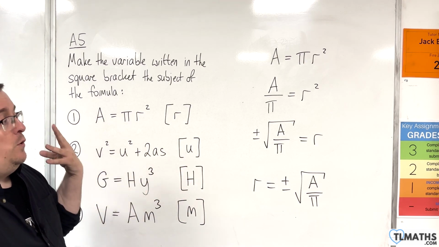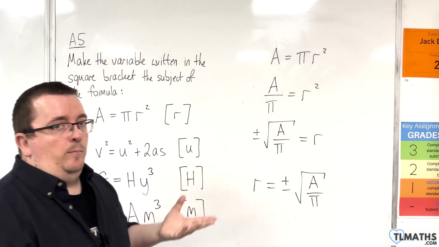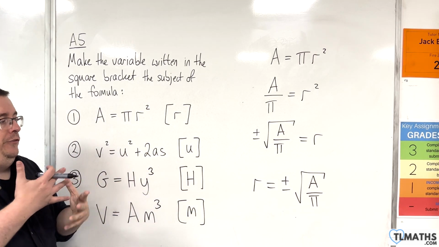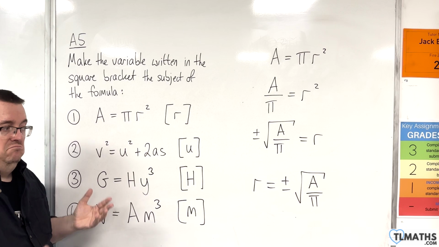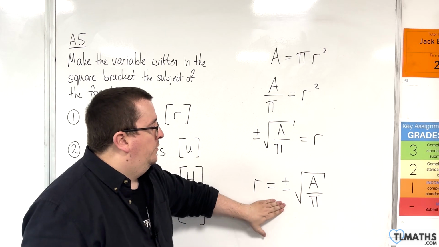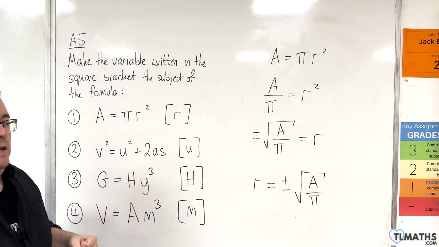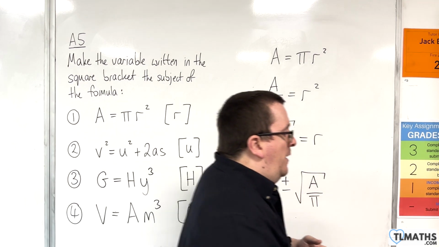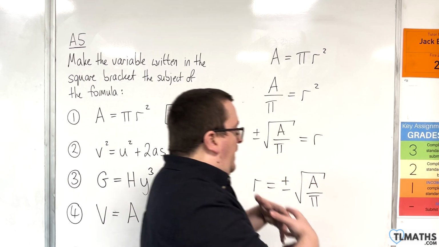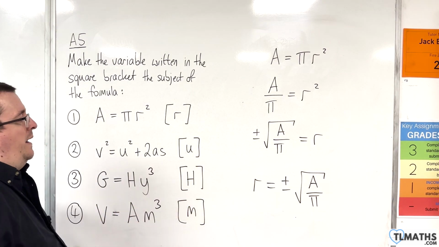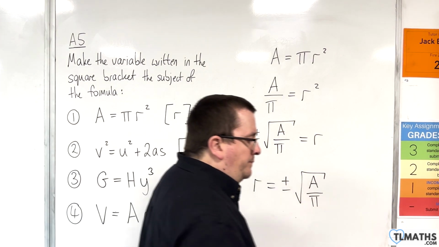If it was, I wouldn't have that plus minus, but because there's nothing attached to it, this is the rearranged form where r is the subject. So we do have to be a little bit careful about giving something context when it doesn't actually have any.